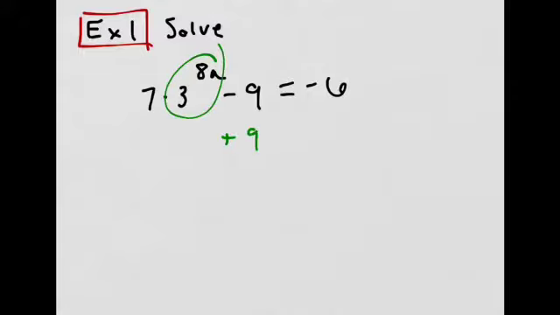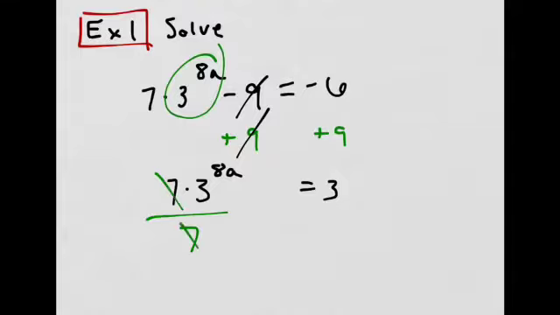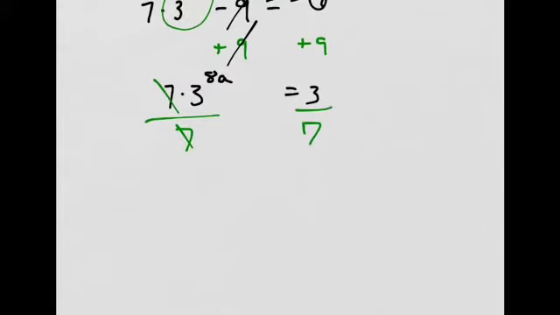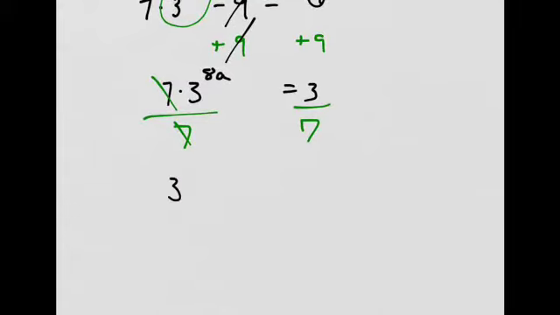Plus 9, and plus 9, and that would give me 3. Those would cancel, and I just get 7 times 3 raised to the 8a. And then the next thing I would do is divide by 7, because I'm trying to get rid of that, and then divide by 7. Okay, that's pretty good. So now I'm just left with 3 raised to the 8a equals 3 over 7.